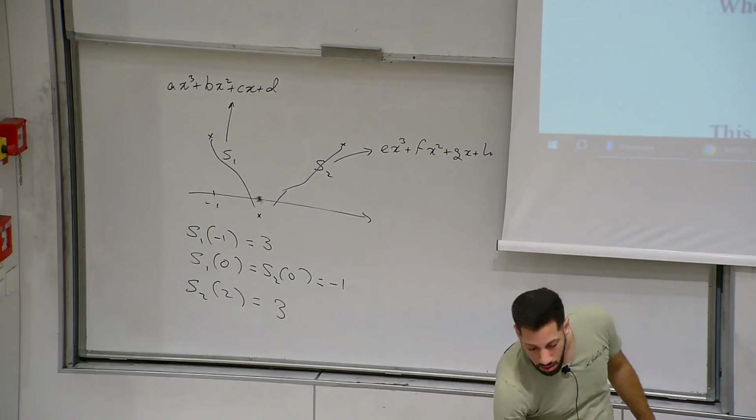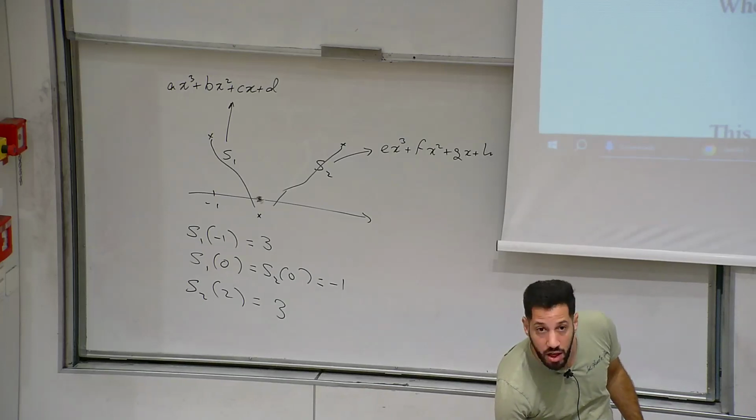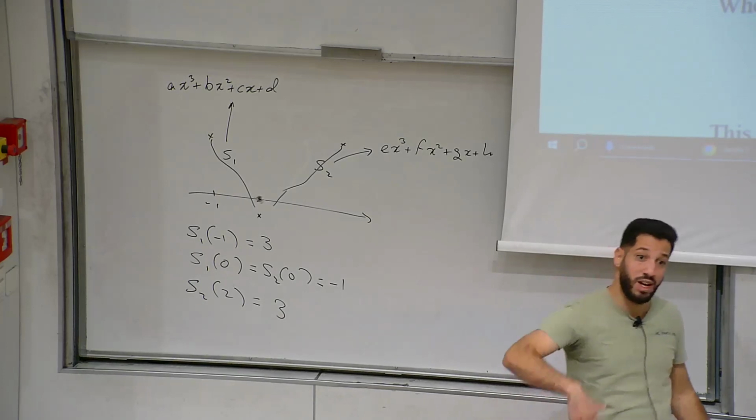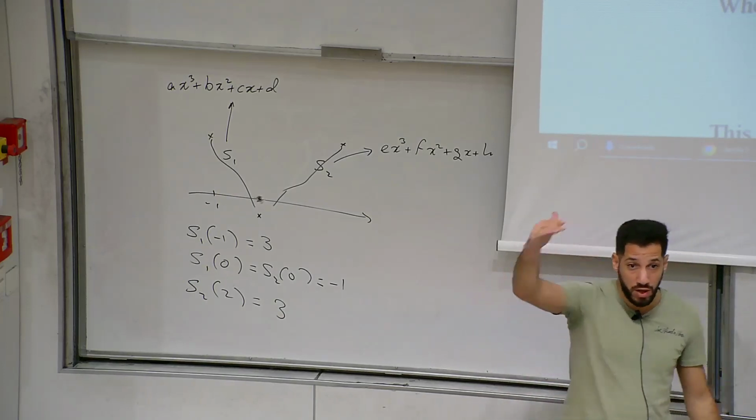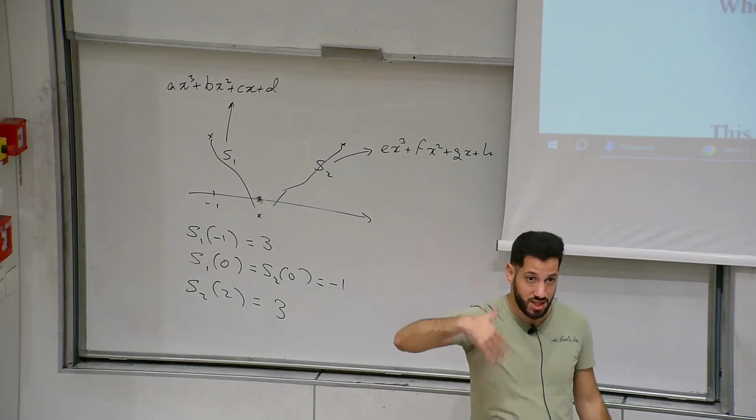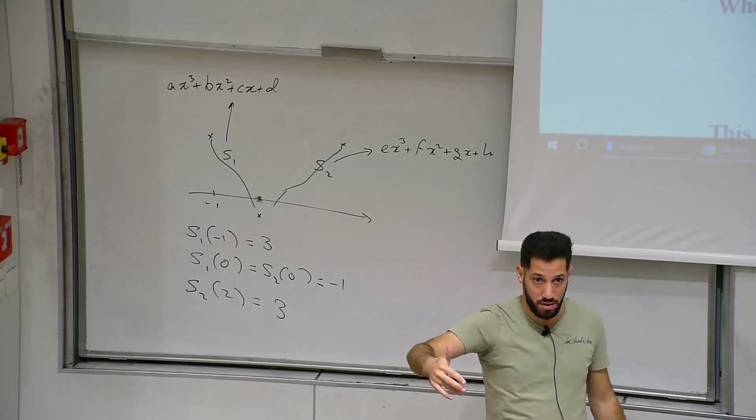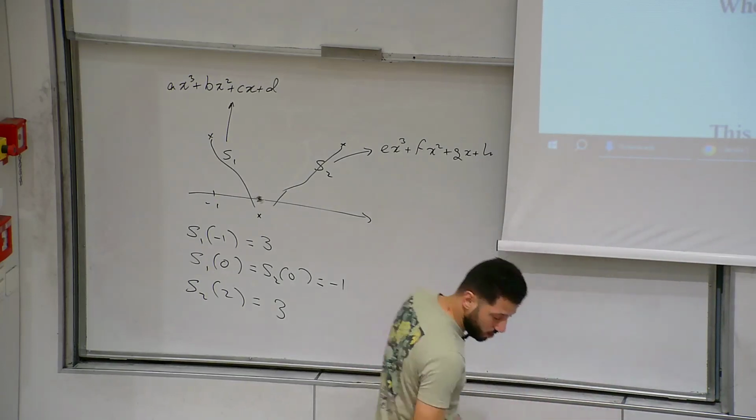Now we have f of yj equals something, and f of yj plus 1 equals another thing, and we want to interpolate. How do we interpolate? In the same way.